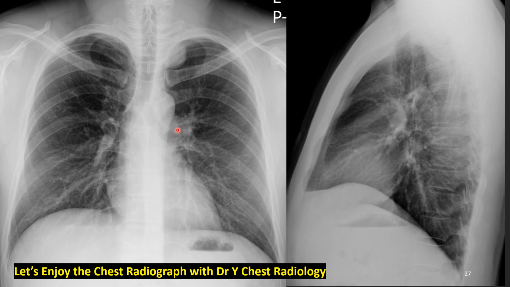What do we see with this young man's frontal chest radiograph? A well-defined 2 cm mass with a sharp border. The location is above the clavicle. That means this is not anterior, not prevascular location, but paravertebral compartment location.